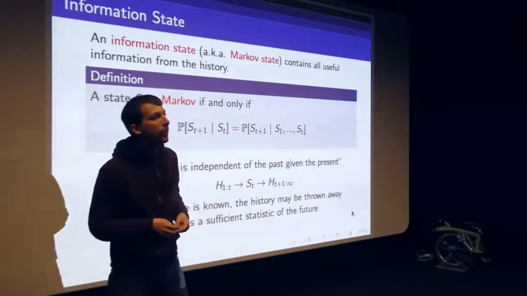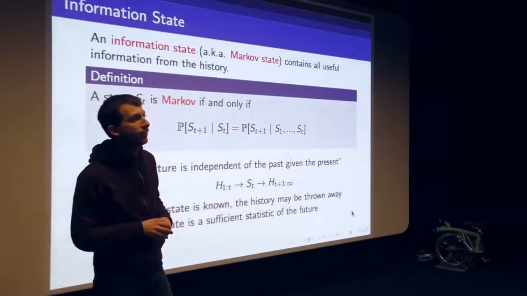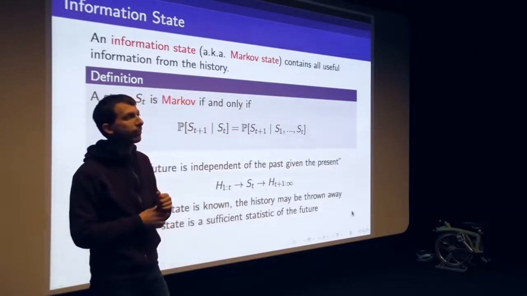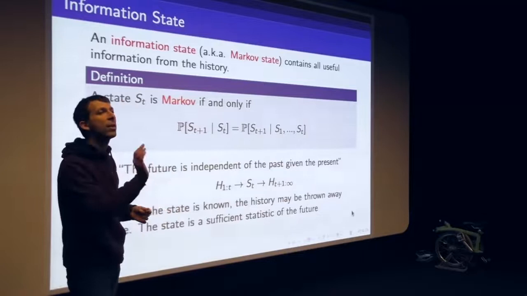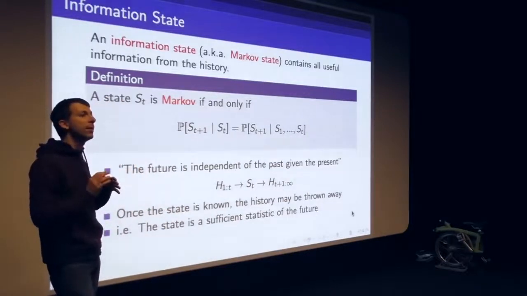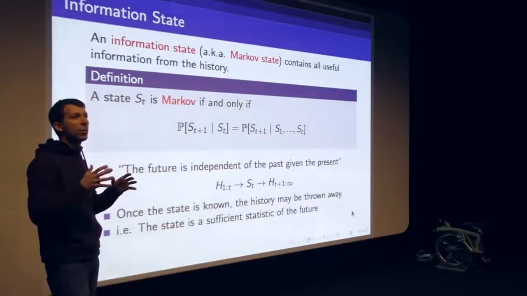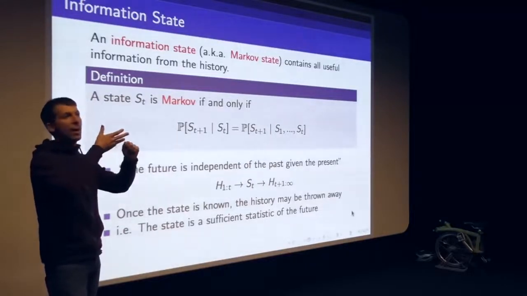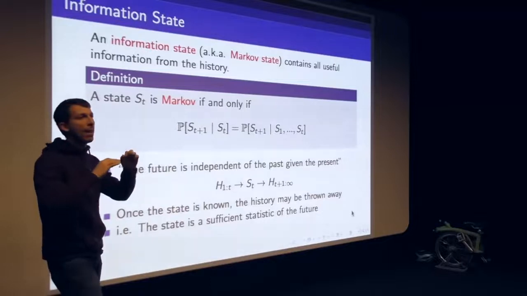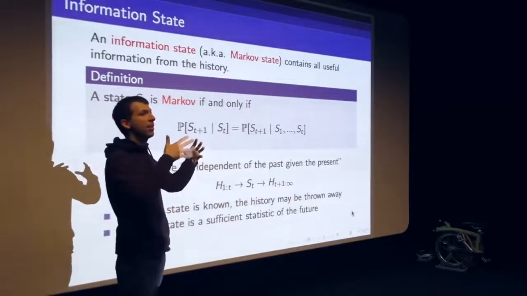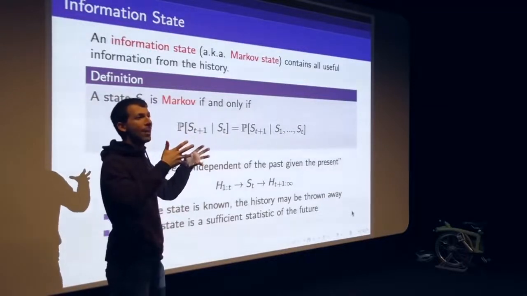Yeah. Can you give your example of a helicopter, for instance, because clearly where it goes next depends on where it was before. Okay, so the question was, how does this fit in with the helicopter example? For the helicopter, a Markov state would roughly be the current position, velocity, angular velocity, and angular position of the helicopter.